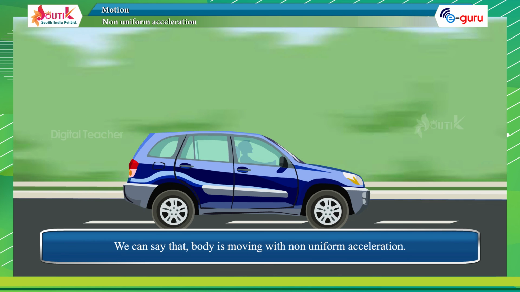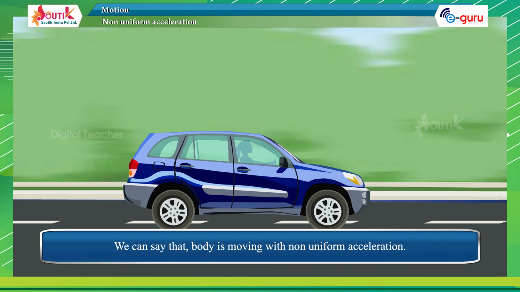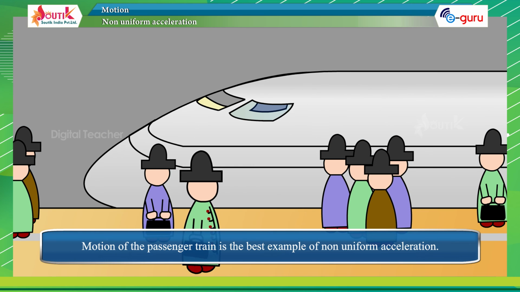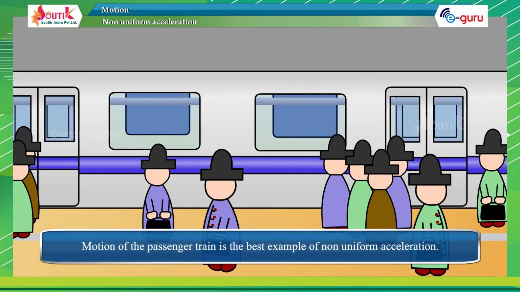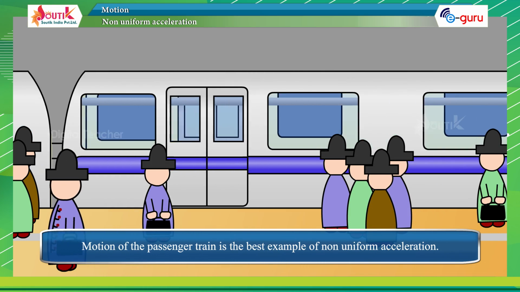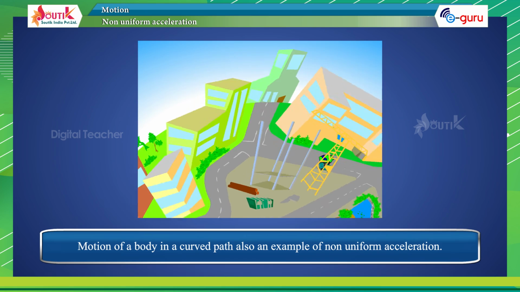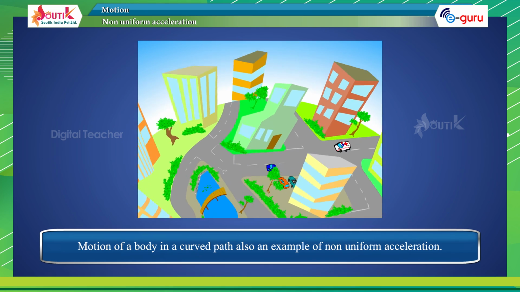We can say that the body is moving with non-uniform acceleration. The motion of a passenger train is the best example of non-uniform acceleration. Motion of a body in a curved path is also an example of non-uniform acceleration.